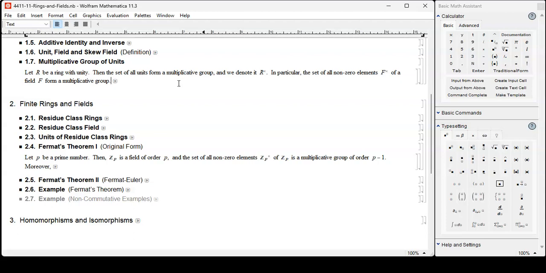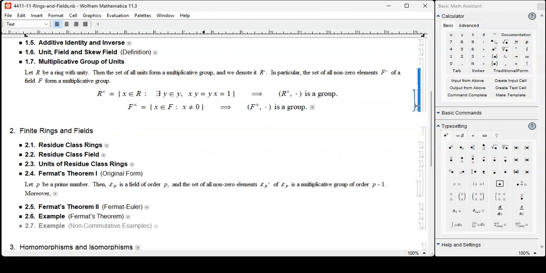So in general, for rings with unity, not every non-zero element has a multiplicative inverse, but those that do are called units. Take all the units, then that forms a multiplicative group. If you prove that, then the second statement follows immediately too. So how do you prove that? Well, that's left as an exercise for you.